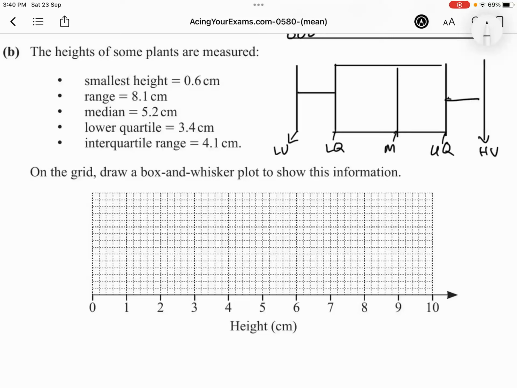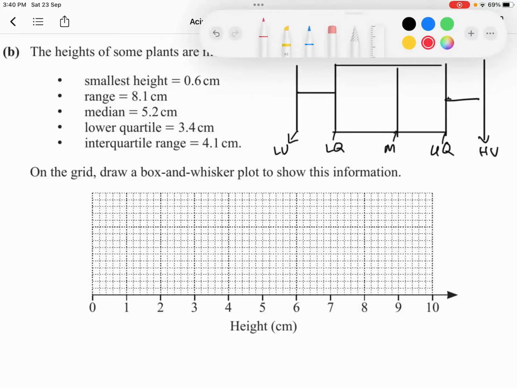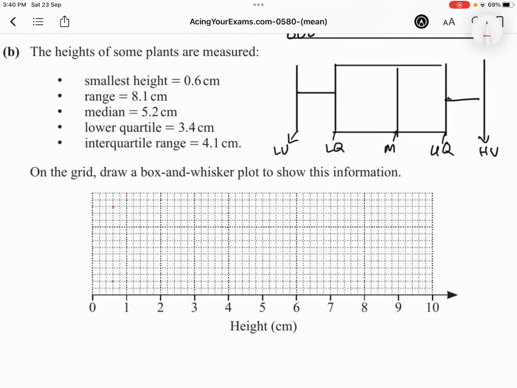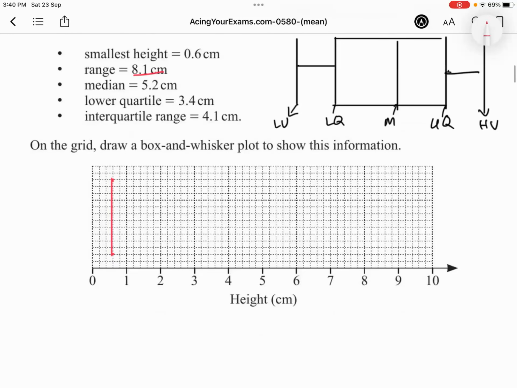So lowest value of the data is 0.6. So I'm leaving two boxes above and two boxes below. So that is 0.6 line. So then we have a range given, means that there is no highest value. So we know that the formula for the range is highest value minus lowest value. Range in this question is 8.1.